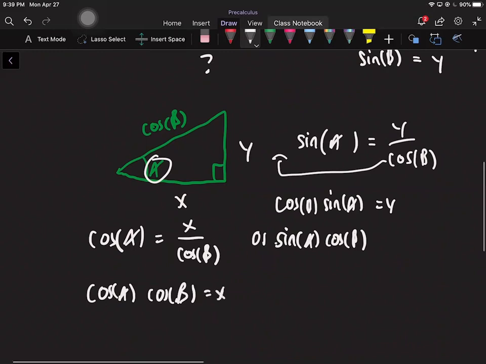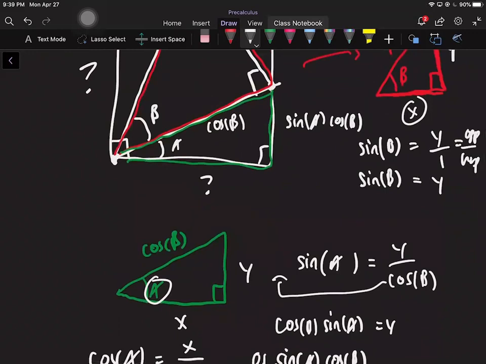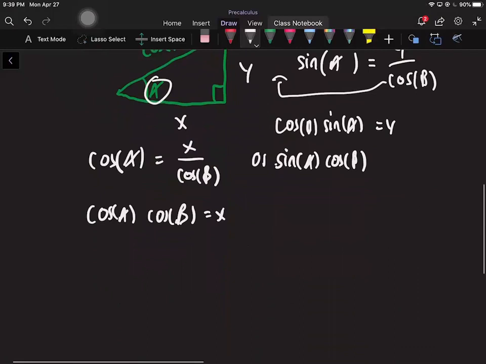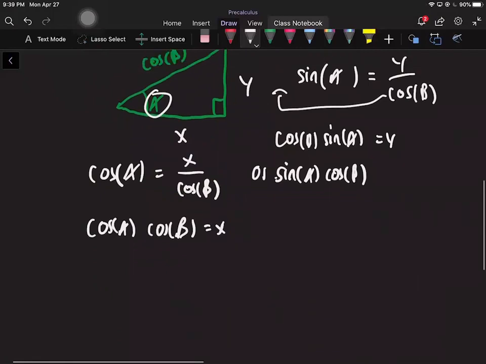So now I know that this side is cosine alpha times cosine beta. So right now we're just sort of filling out information, but after we're done, we'll see what it tells us, which is more cool stuff we can do.